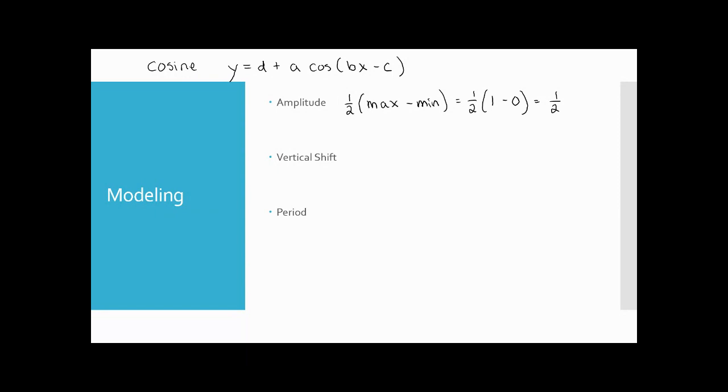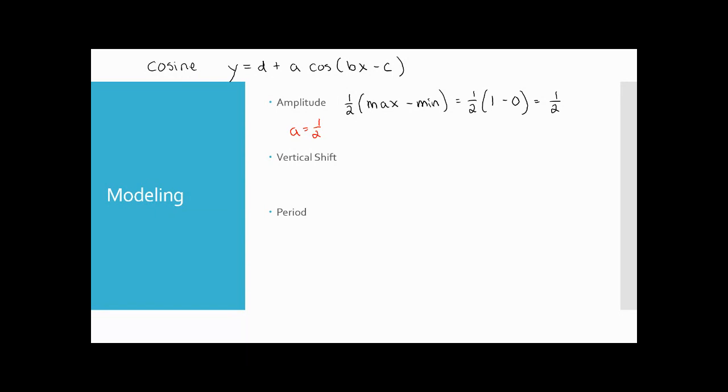This tells us that a is equal to 1/2. The amplitude is always the absolute value, so if you ended up with a negative number, you just take the absolute value of it. We got a positive number, so we don't have to worry about that. So our a is 1/2. We've already figured out one value of that function.